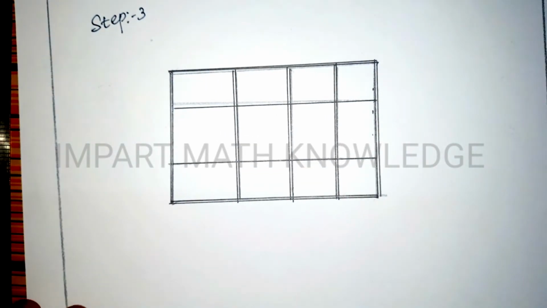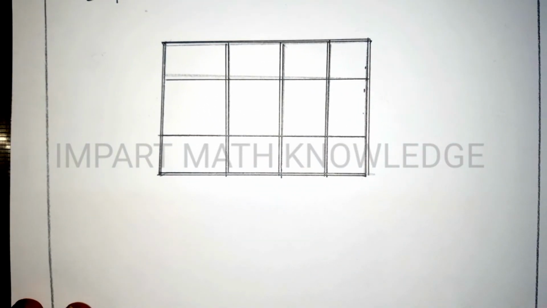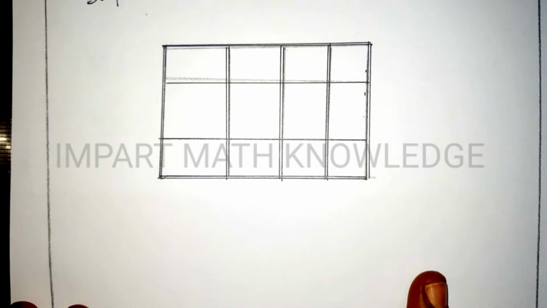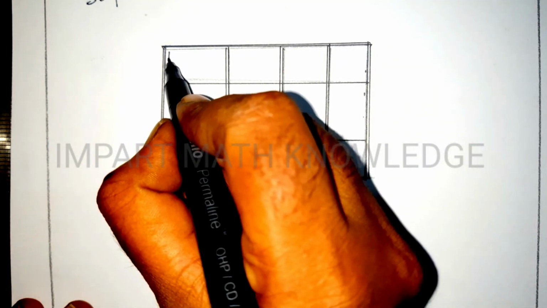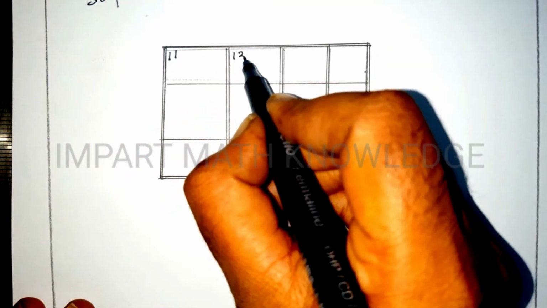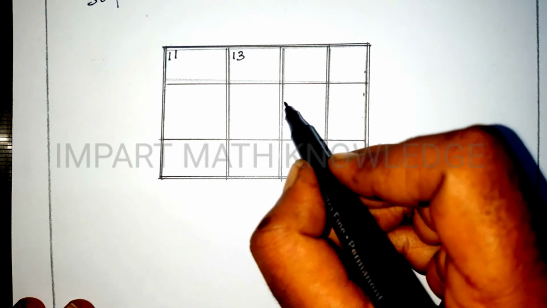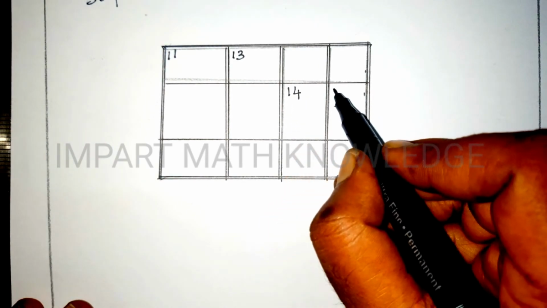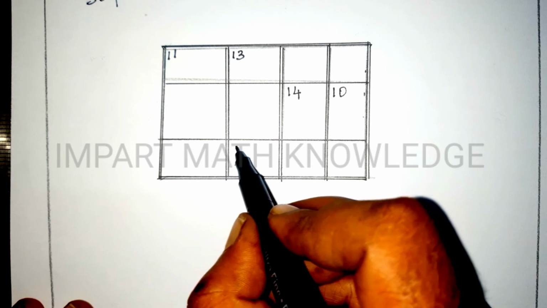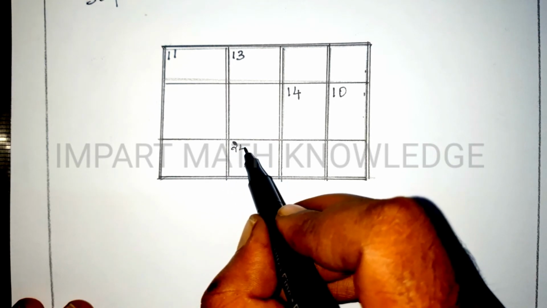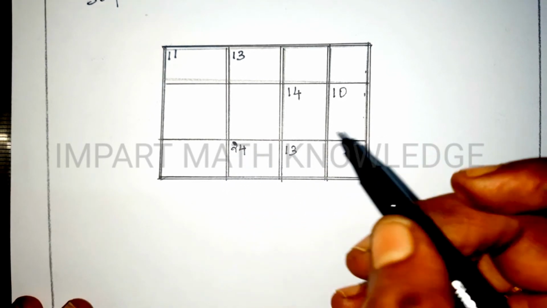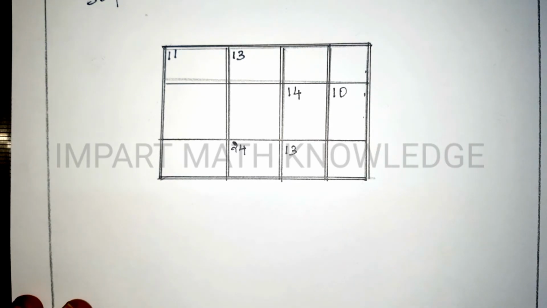Now step 3 is you have to write all the allocations here. Write all the allocations: 11, 13, 14, 10, 24, 13. Write all the allocated values.